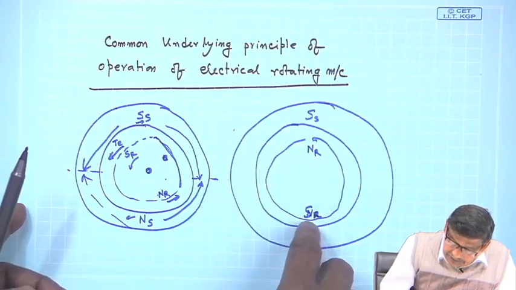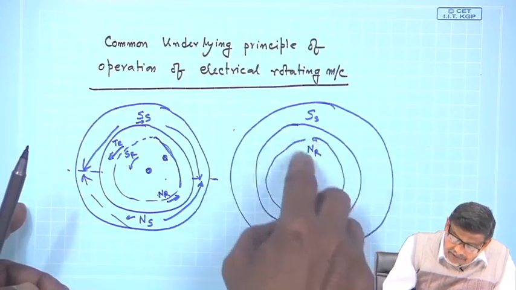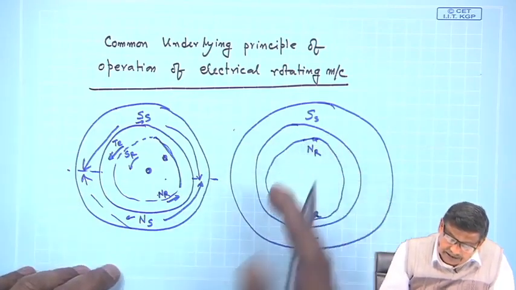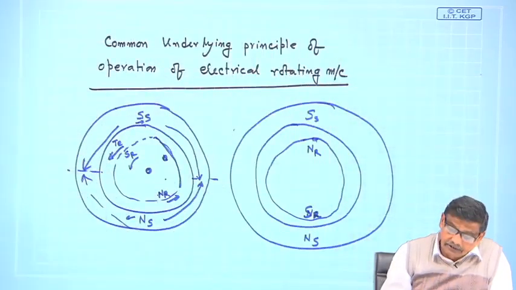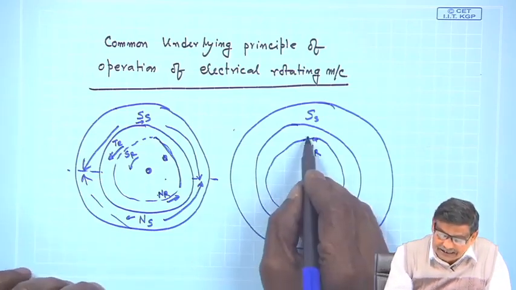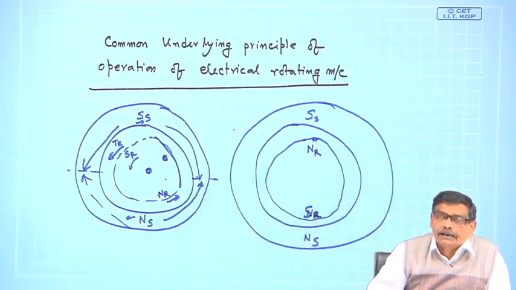So, like this it has come here, and at this point you can easily see that when the stator and rotor fields are aligned along the same lines, there is no torque, nothing like tangential force it will be experiencing.